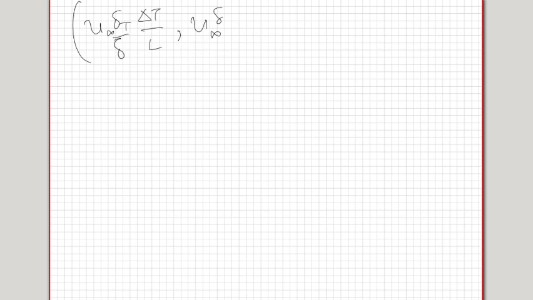So it will be U infinity into delta T by delta multiplied by delta by L. So that is your V into delta T by delta T. So this is your left hand side.